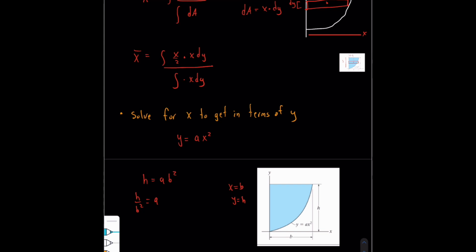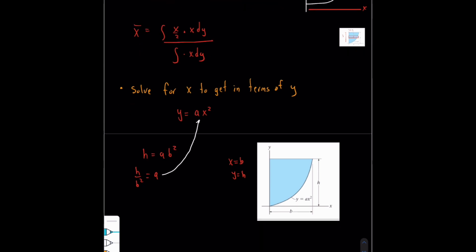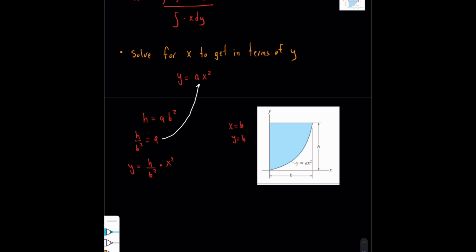And now plugging this a back into the equation, I'm going to have y is equal to h over b squared times x squared right here. Now I could solve for x because I have my variable a written in terms of h and b here.